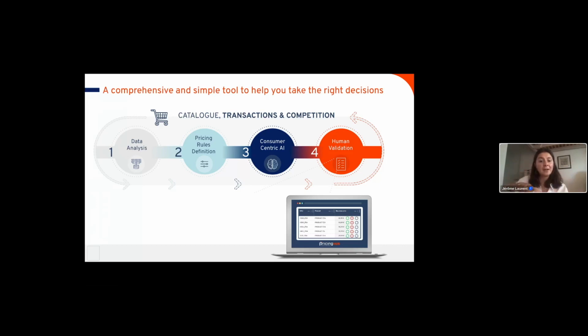Then our artificial intelligence evaluates your consumer price sensitivity and calculates the recommendation. And finally, we give you the choice to validate the recommendation before sending it to your information system. And as our algorithms are based on machine learning, we use all the information we are creating in order to optimize the prices again, so that it makes a virtuous cycle.